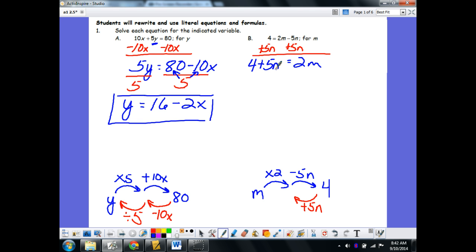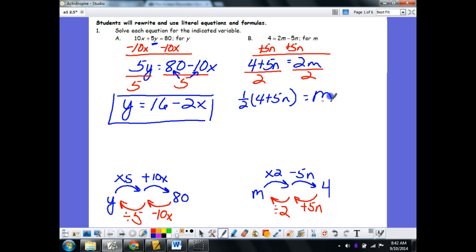If you'd rather write the n first, you can write it as 5n plus 4, which means exactly the same thing. Now going back to our flow chart, we're going to undo multiplying by 2 by dividing by 2. If it helps you, you can think of this as 1/2 times that top.